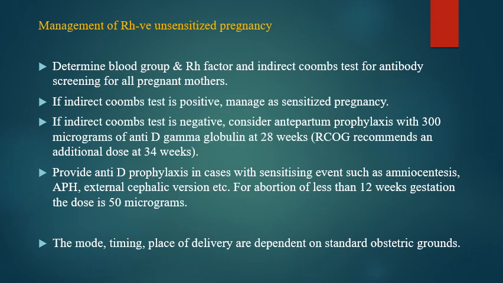Anti-D prophylaxis is also given if there is any sensitizing event such as amniocentesis or external cephalic version, chorionic villus sampling, or antepartum hemorrhage. For abortion of less than 12 weeks of pregnancy, the dose given is 50 micrograms. The mode, timing, and place of delivery in case of Rh negative unsensitized pregnancy is dependent on standard obstetric grounds.